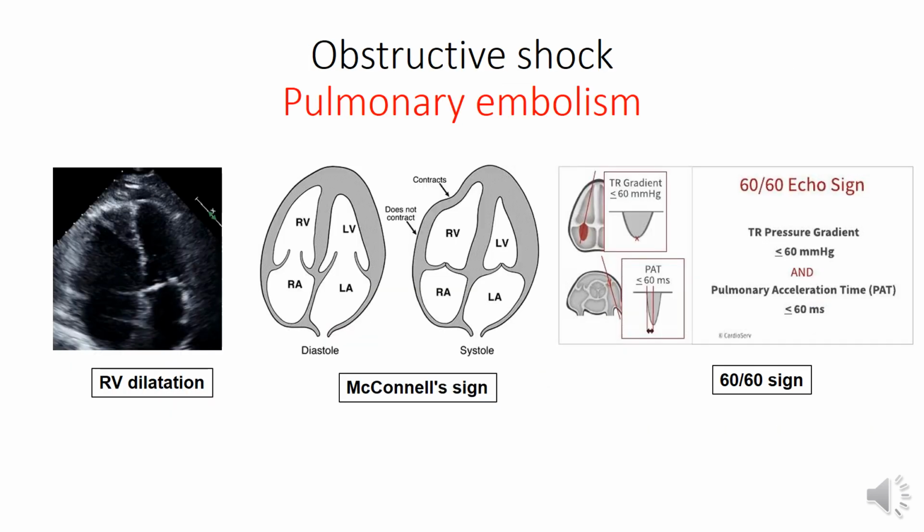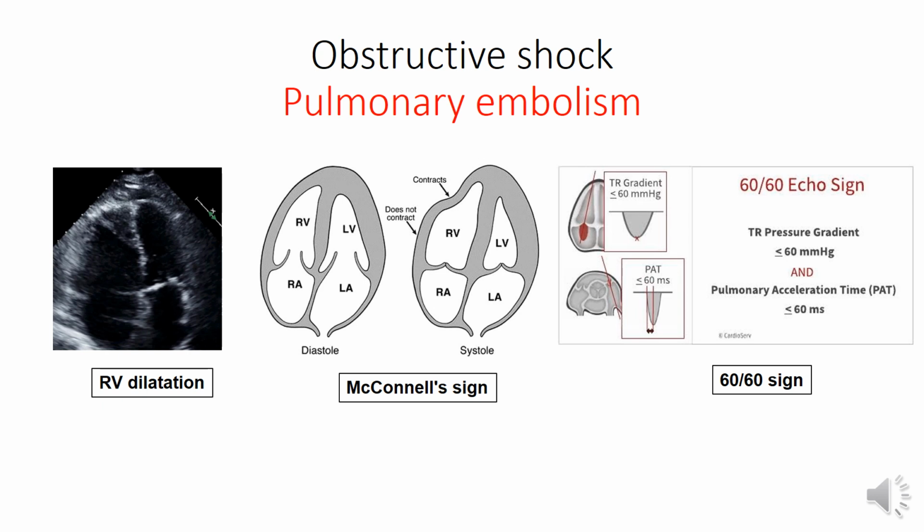Third scenario is obstructive shock that might be caused by pulmonary embolism, and as we discussed before, just by putting the probe at the apex and getting the apical 4-chamber view, finding this image with RV almost double the left ventricle means RV dilatation. This is one of the signs.